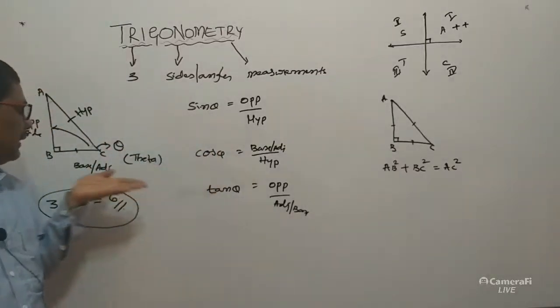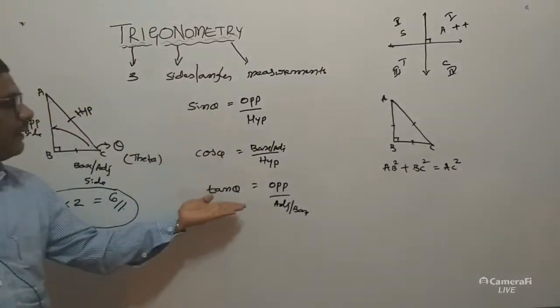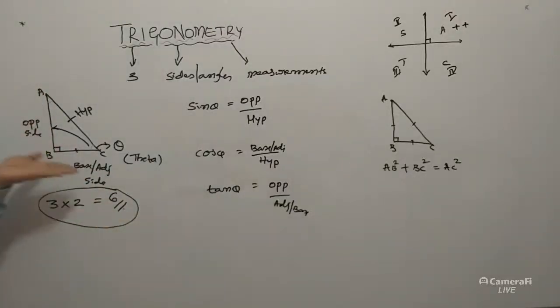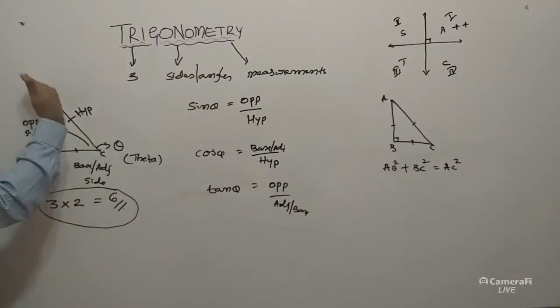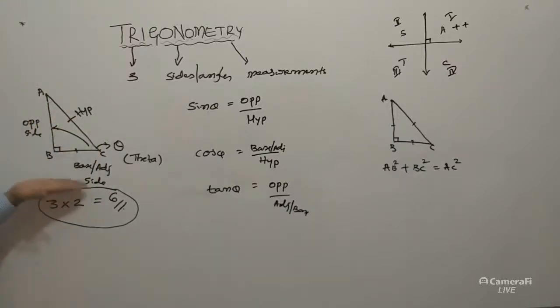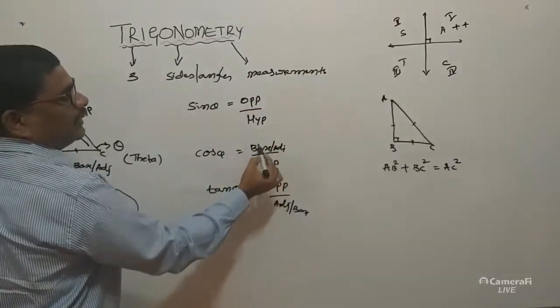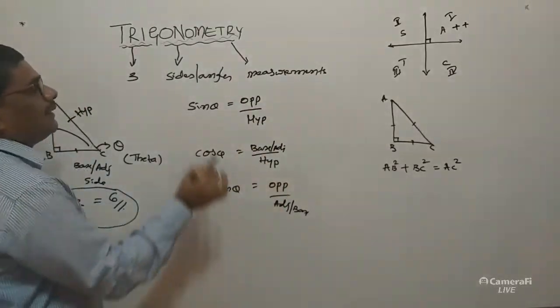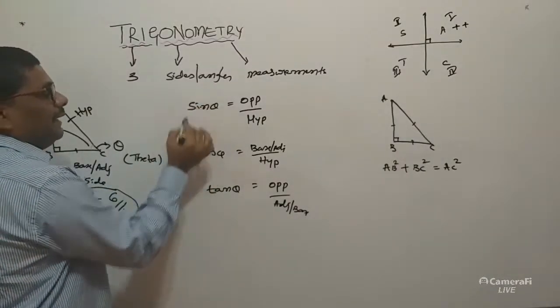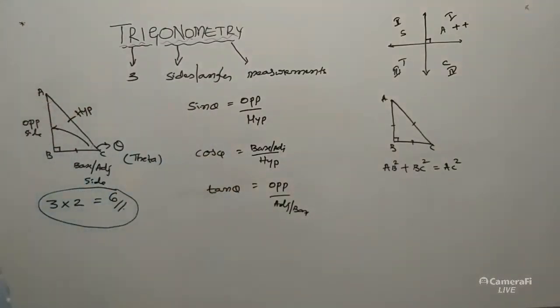The cos is the base by hypotenuse, and the tan is the opposite by the base. Let's look at the ratios. The first one is opposite by hypotenuse, the second one is base by hypotenuse, the third one is opposite by base. Because if you observe the opposite and the base, both the hypotenuse get cancelled, meaning sine by cos is equal to tan.